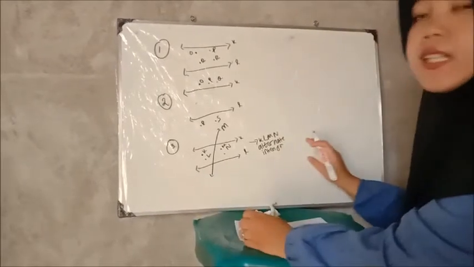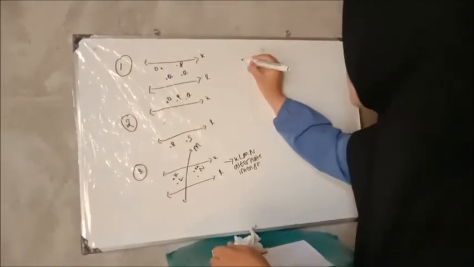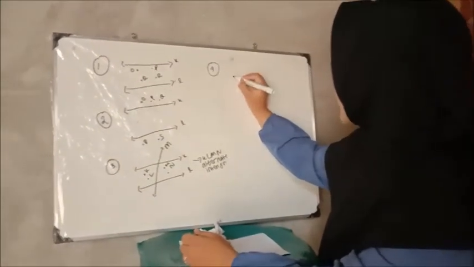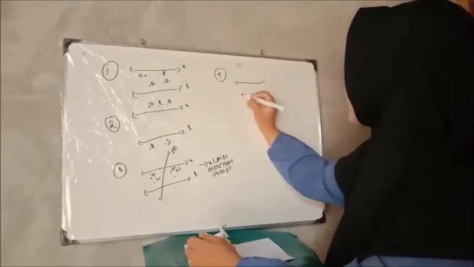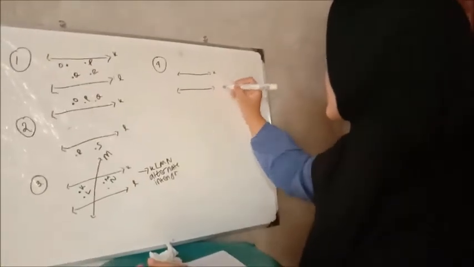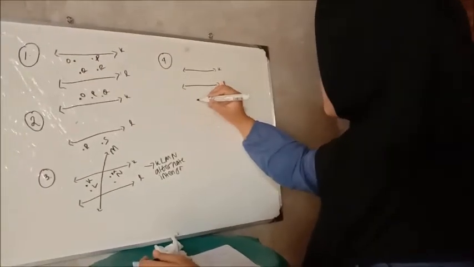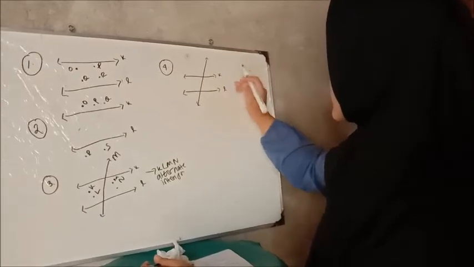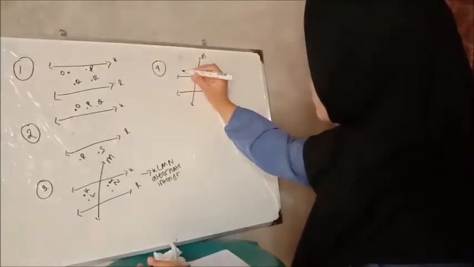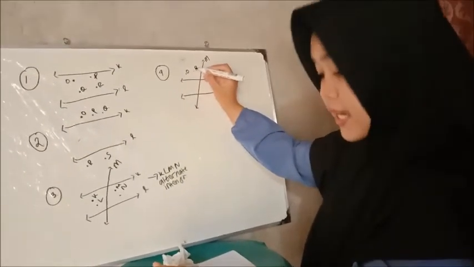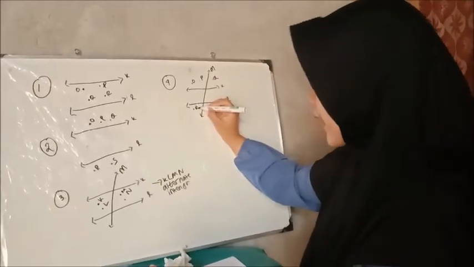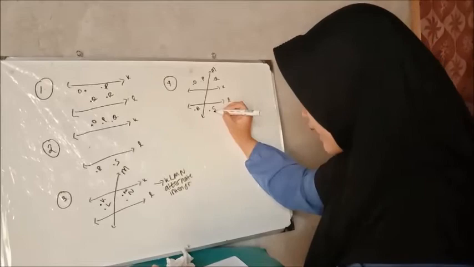Okay, then I will continue with the fourth information. I have parallel lines. Suppose that they are K and L. Then I have a transversal line that intersects K and L. It is M. Then I have O and P over that, Q over that, R over that, then S over that.